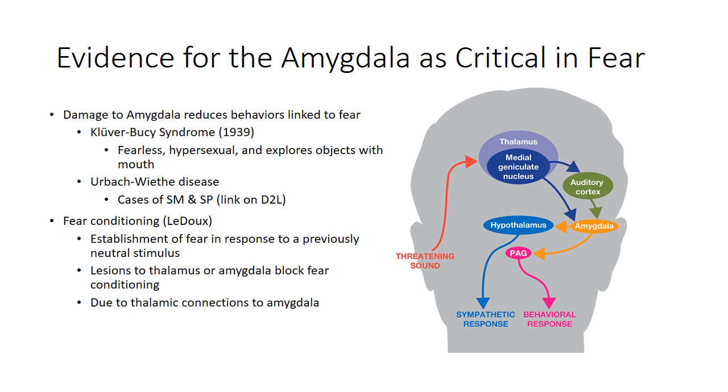There's a condition called Kluver-Bucy syndrome, identified in chimpanzees, I believe. Some kind of ape, I'm pretty sure it's chimpanzees, with Kluver-Bucy syndrome, where they get damage to their amygdala and become fearless. They become hypersexual. They explore things with their mouth, right?